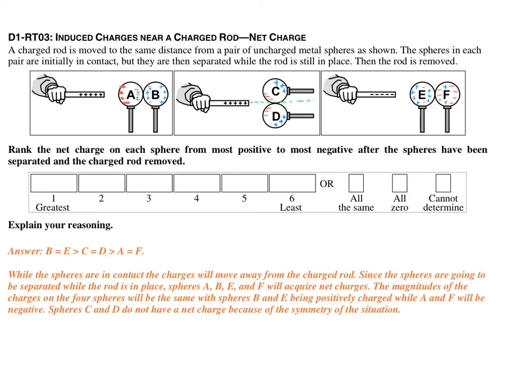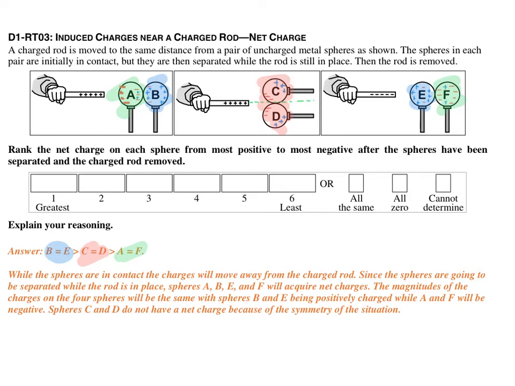So that's one of the biggest hang-ups with this business. So correct, B and E are going to be identical. C and D are going to be identical, and A and F. And obviously plus, 0, minus. That's why they get in that rank order.